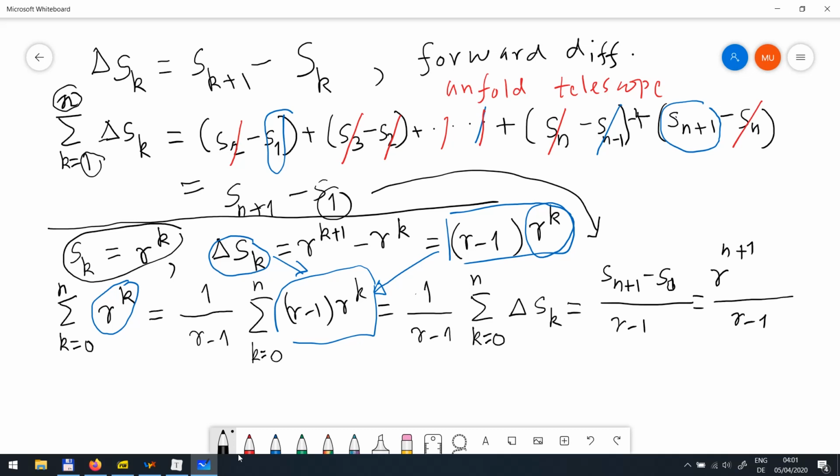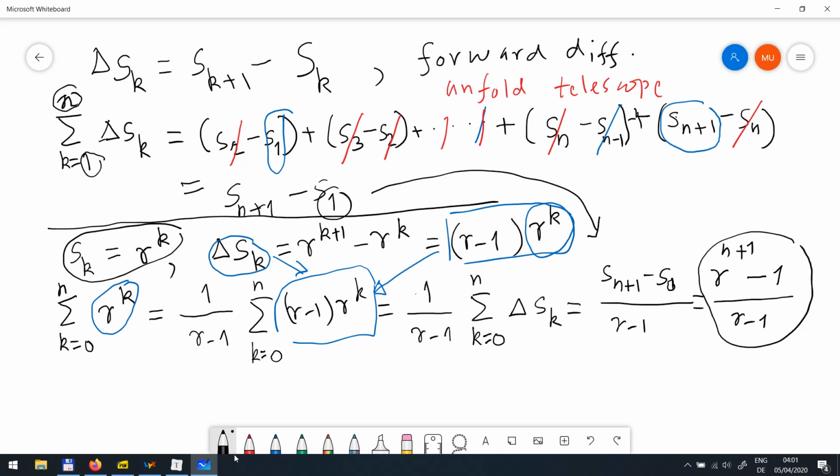So instead of S1, it will be S0. So R to 0th, and R to 0th, you know, is 1. I hope you agree that this is exactly how the sum should be. You can compare it with your previous knowledge.